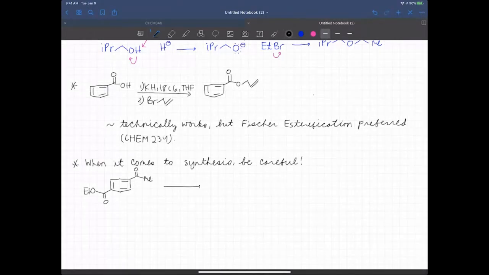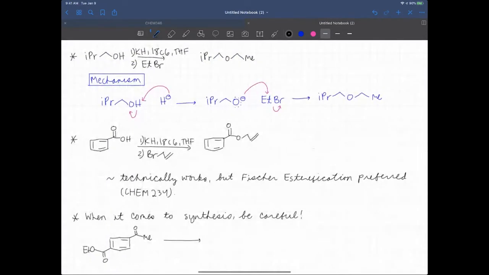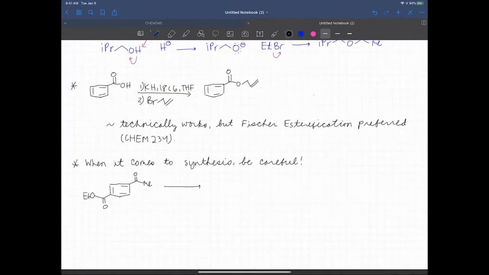Okay, can anyone tell me what the difference between the two functional groups on the benzene ring is? One is an ester and one is a ketone. Exactly, right? So say I wanted to make this compound here.